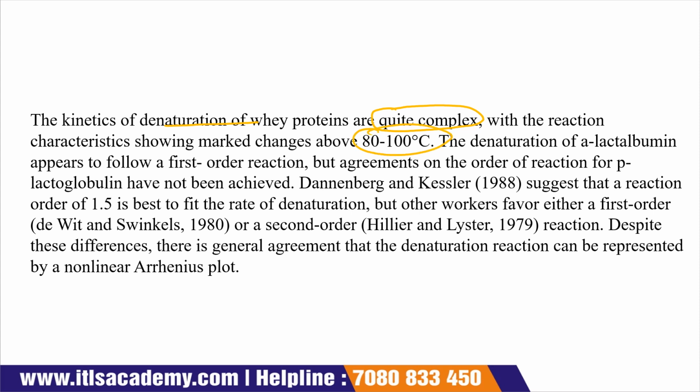The denaturation of alpha lactalbumin appears to follow a first order reaction, but agreement on the order of the reaction for beta lactoglobulin has not been achieved. Dannenberg and Kessler suggested in 1988 that a reaction order of 1.5 is the best fit for the rate of denaturation, but some other workers favor either first order or second order.